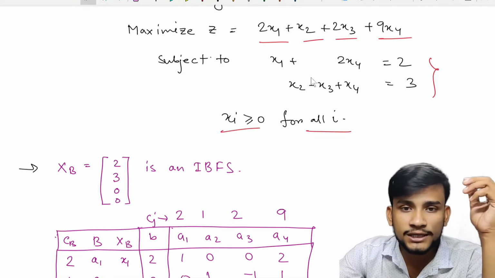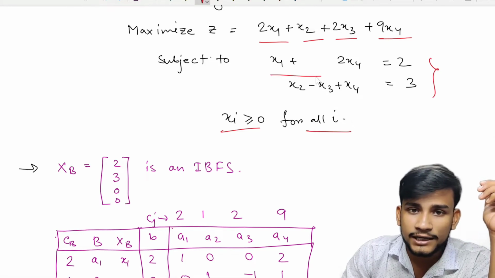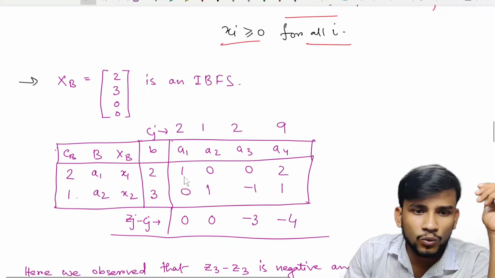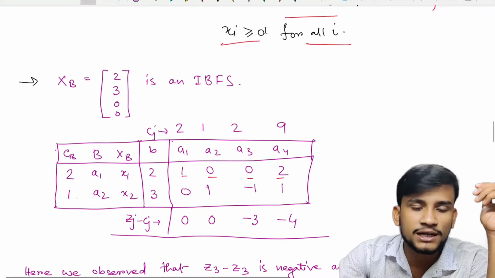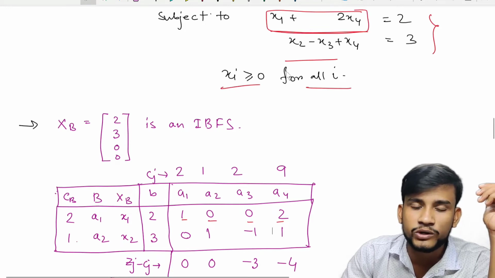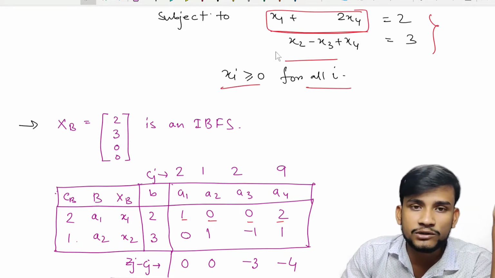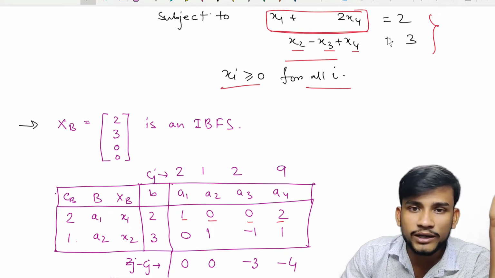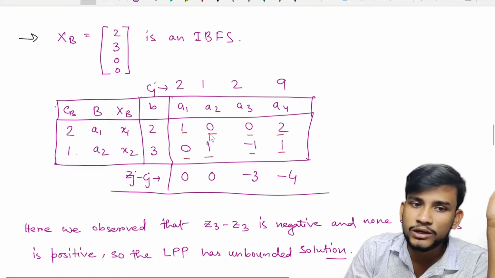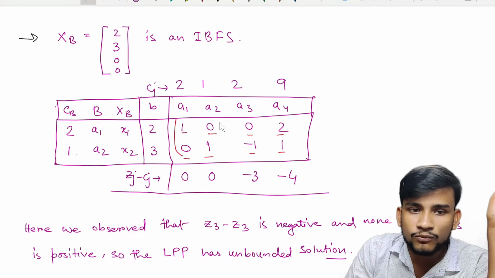If we write these equations in a table, we get 1, 0, 0, 2, the coefficients of x1, x2, x3 and x4 for the first constraint, and for the second constraint we get 0, 1, minus 1 and 1. So a1 and a2 form a basis.